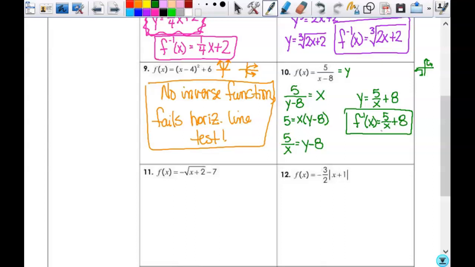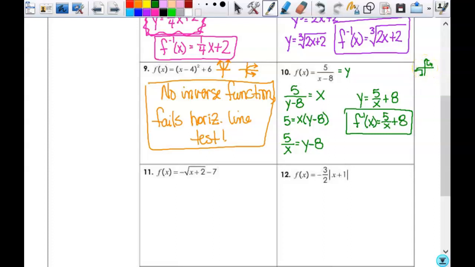Could I have figured that out before I solved it? The answer to that is yes. Because although this shifts over and the domain now goes from negative infinity to 8 and 8 to infinity, the range, there was no vertical translation, so it goes from negative infinity to 0 and then 0 to infinity, which means that the y value just can't equal 0. Well, guess what?